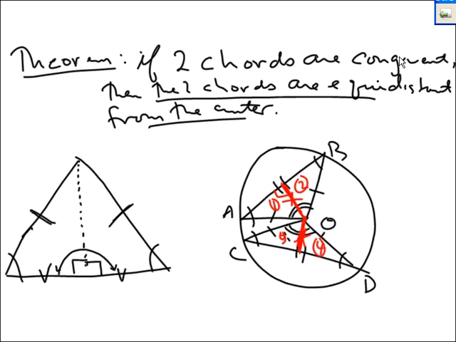Remember, they meet at right angles. Those 2 sides would have to be equal in length. That is, the chords are equidistant from the center. Is this distance in the upper triangle the same as the distance in the lower triangle? They'd have to be the same.